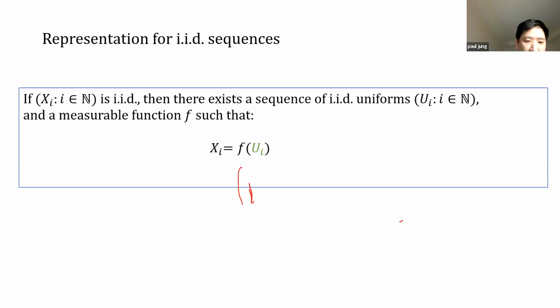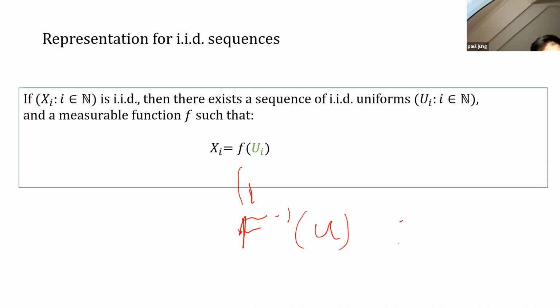Again, you should think of this f as the inverse distribution function of some uniform random variable. If we have an IID sequence of uniforms as the argument of this inverse distribution function, then we have an IID sequence with the same distribution. And so the identically distributed part of IID is given by the fact that we use the same function for all of these representations.